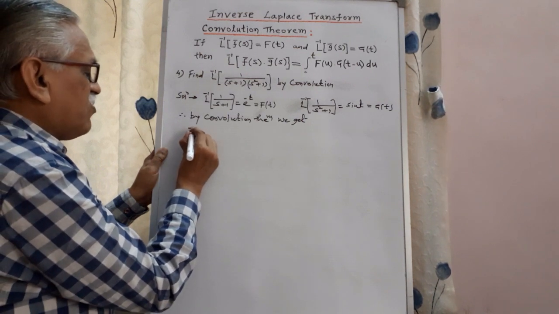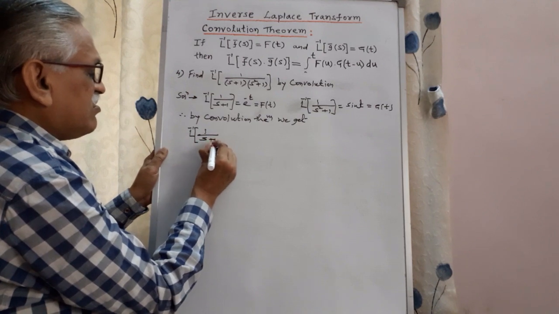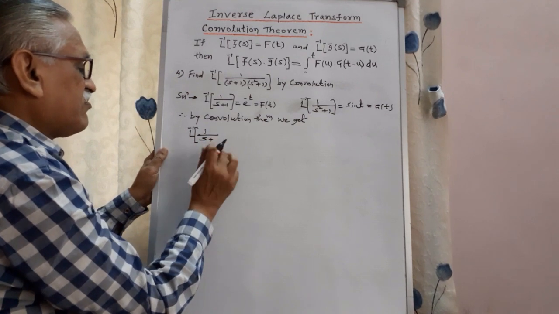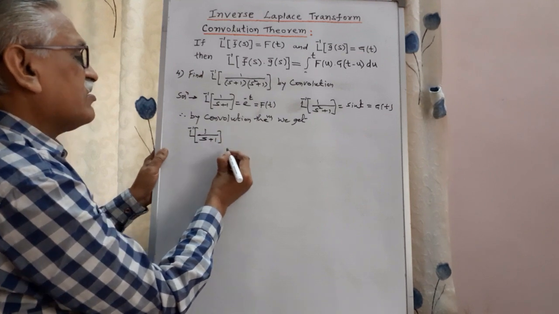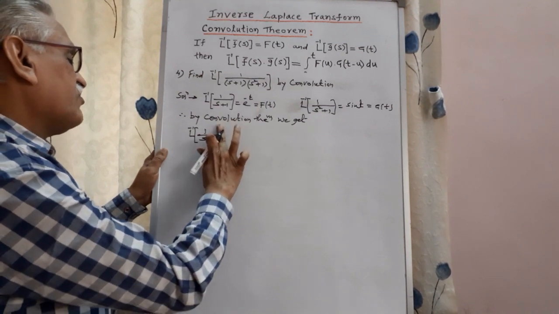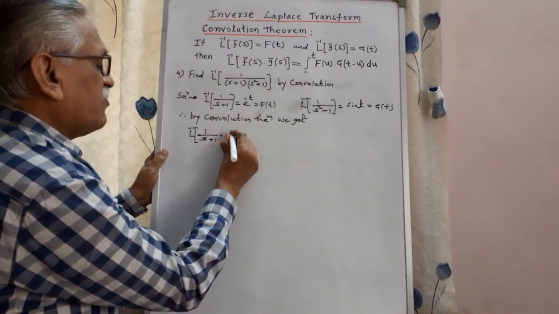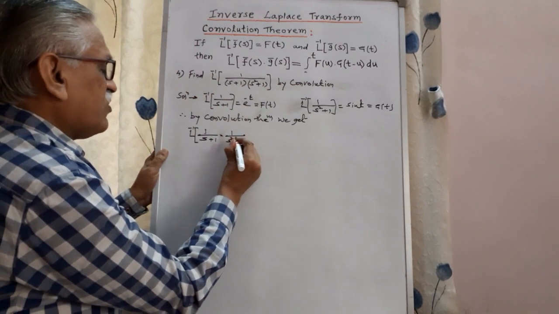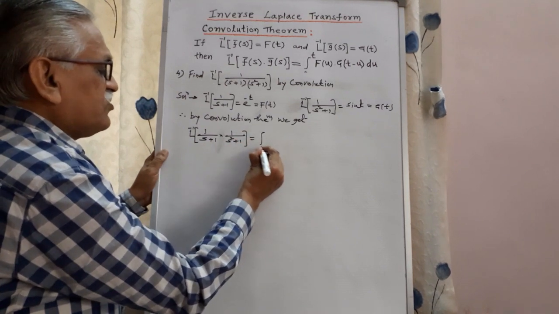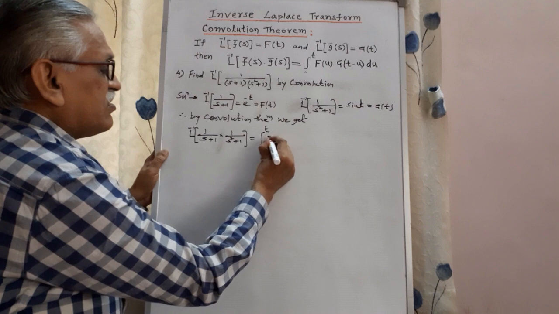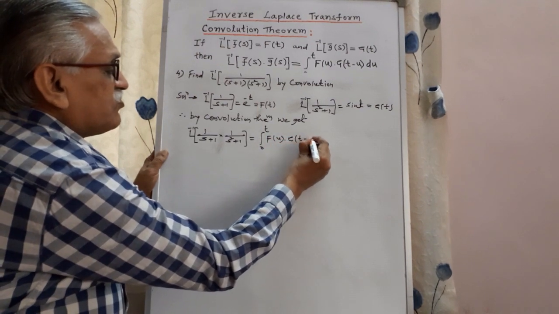inverse Laplace of 1 upon s plus 1 into 1 upon s square plus 1 as integral from 0 to t f of u into g of t minus u.